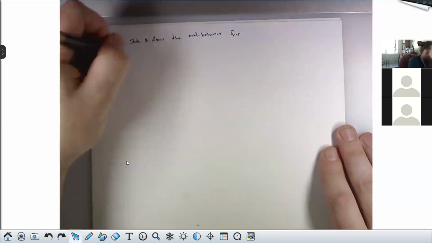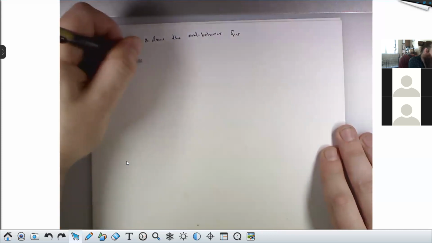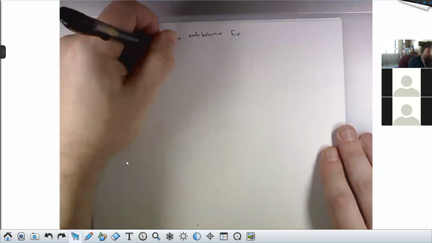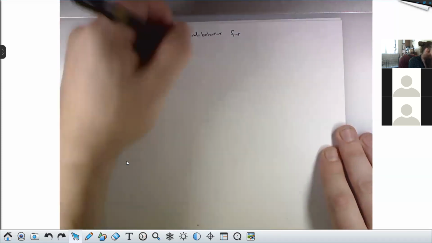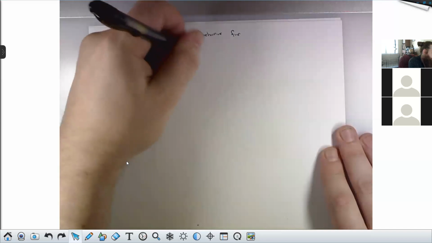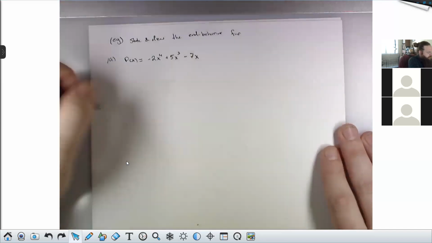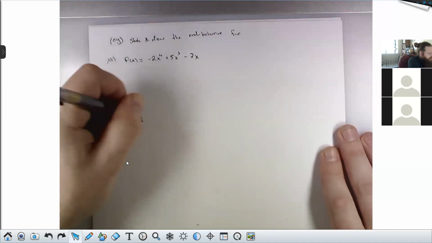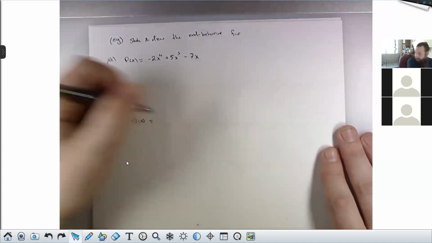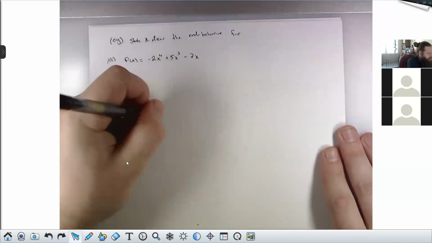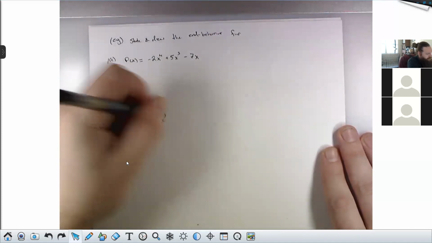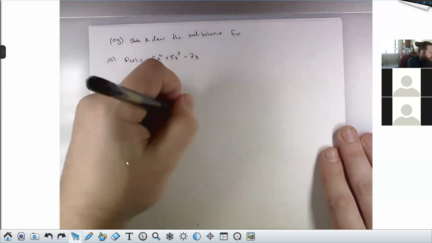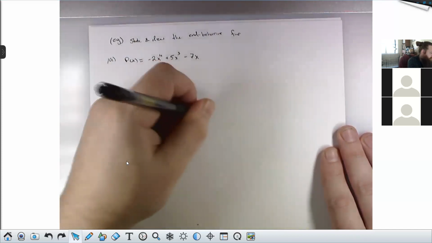How about p of x equals negative 2x to the 4 plus 5x cubed minus 7x. And call this other guy q of x, why not? x cubed plus 4x squared plus 4x plus 1.